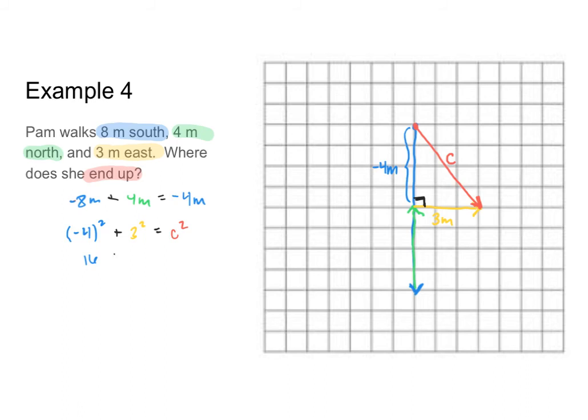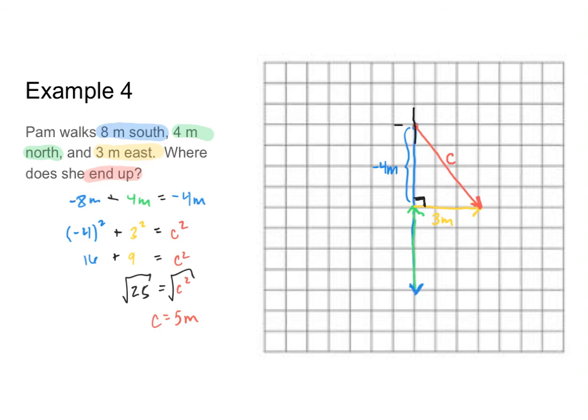So anyway, 16 plus 9 is equal to C squared. So C squared is equal to 25. And if we square root both sides, we get that C is equal to 5 meters. And again, we're not quite done, because we have to have the direction that Pam has walked.